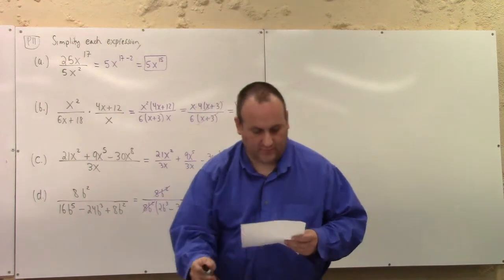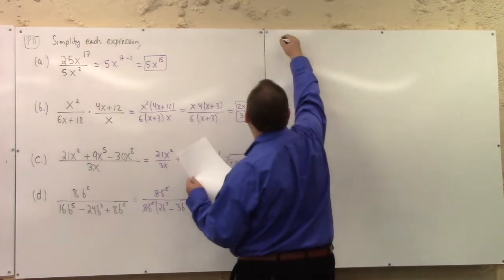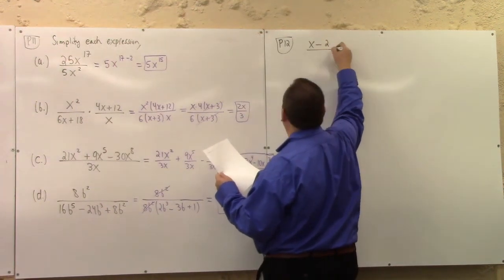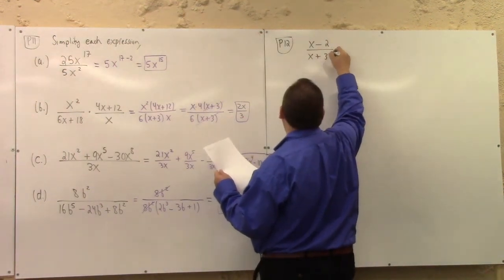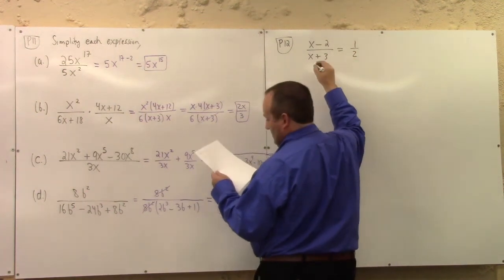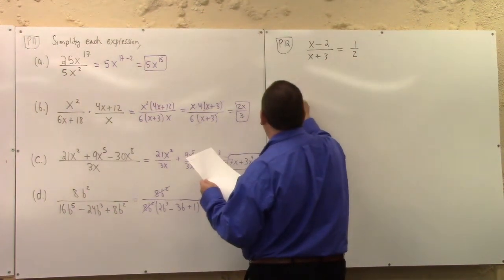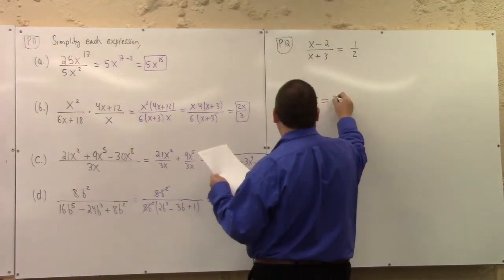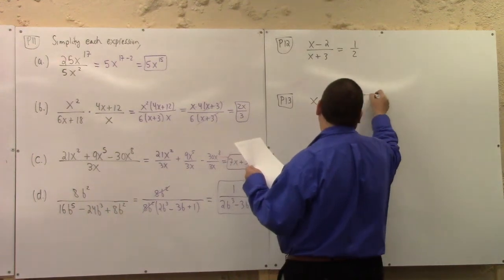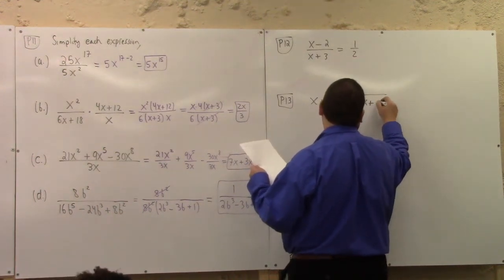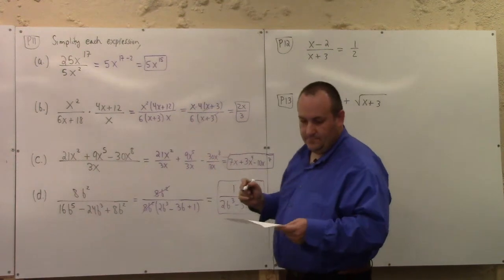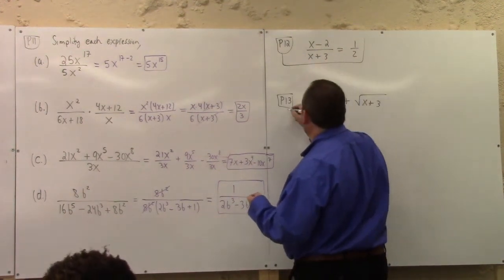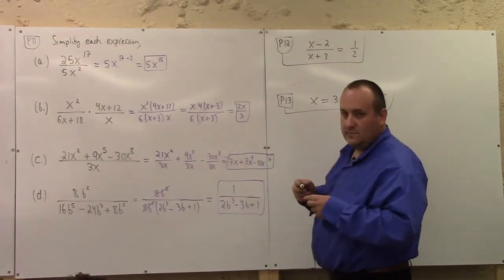Problem 12. Here we have x minus 2 over x plus 3 equal to a half. And the other problem is we have x equal to 3 plus the square root of x plus 3. We're supposed to solve these. So the first one, I usually just cross-multiply those things, you know.